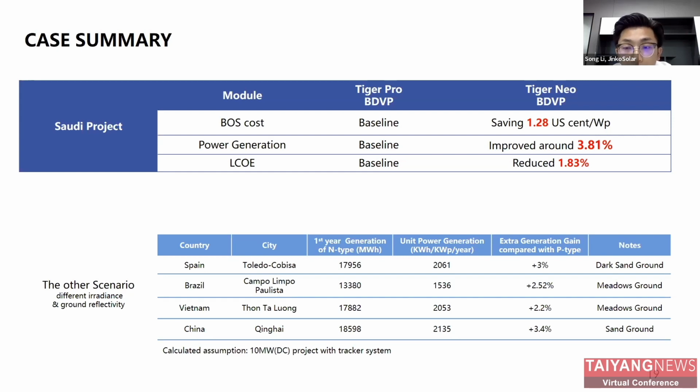In Brazil, it can be 2.52. Vietnam is 2.2. China is 3.4. Although the number of scenarios is limited, if other cities have similar environmental factors to these four cities, I think the improvement of the N-type modules can be similar. But every project needs to do the calculation by itself.